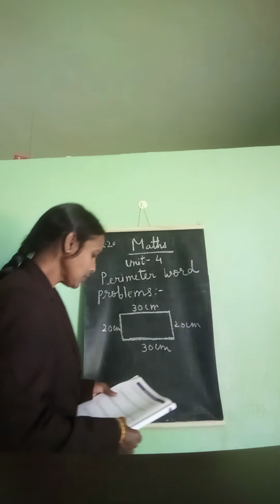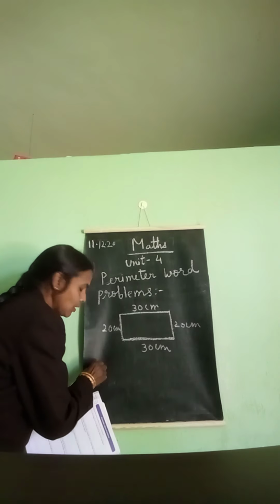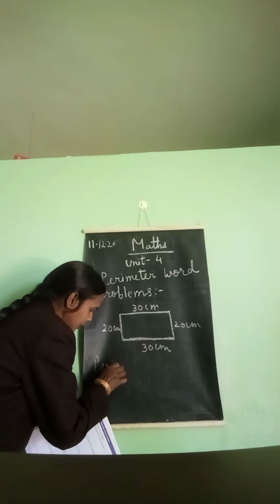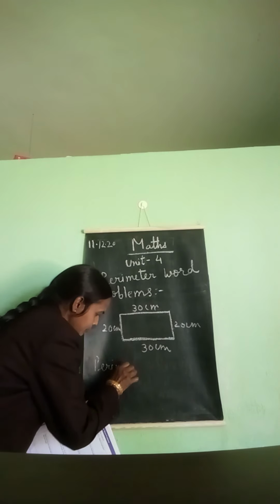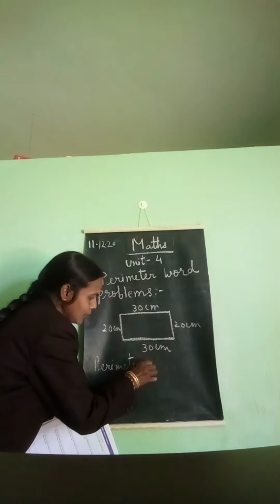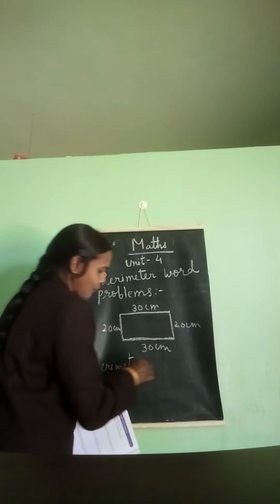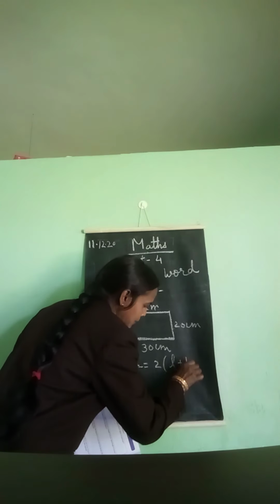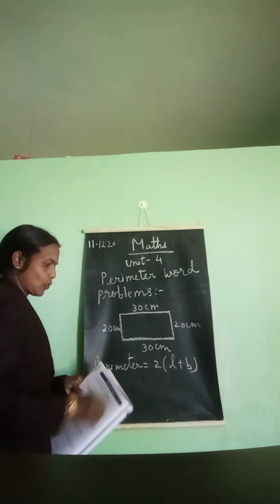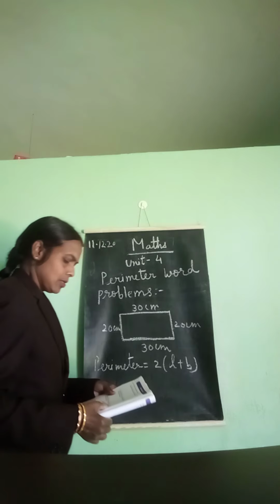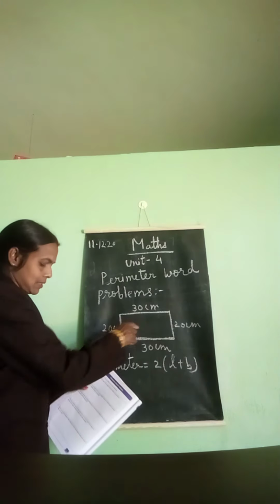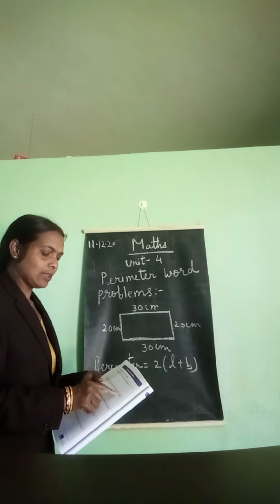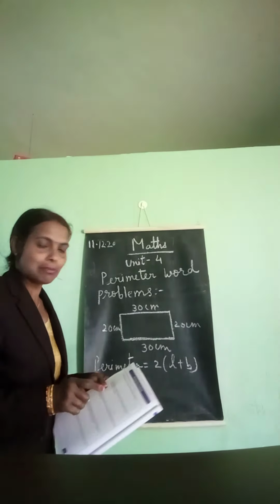This is a rectangle, so you have to use the formula for a rectangle only: 2 into length plus breadth. So you find the perimeter.